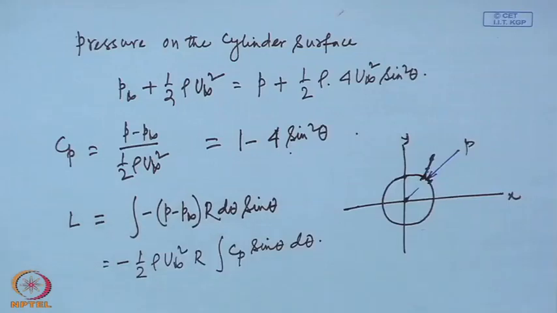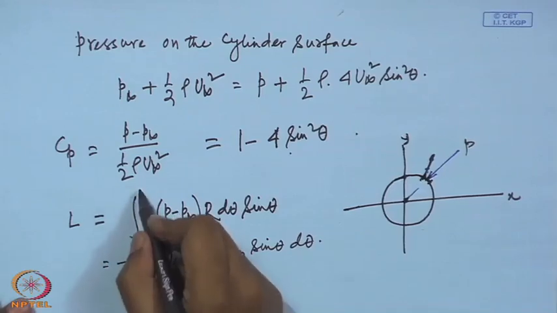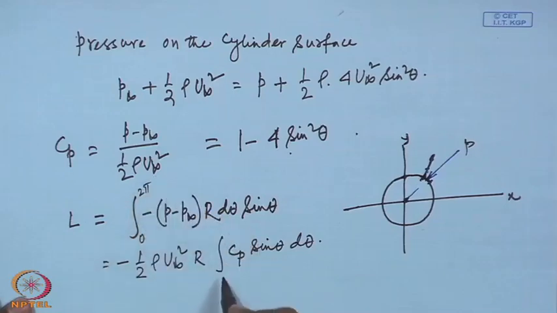Now, this C p you can integrate and see that it is 0. Okay, integration is from 0 to 2 pi.